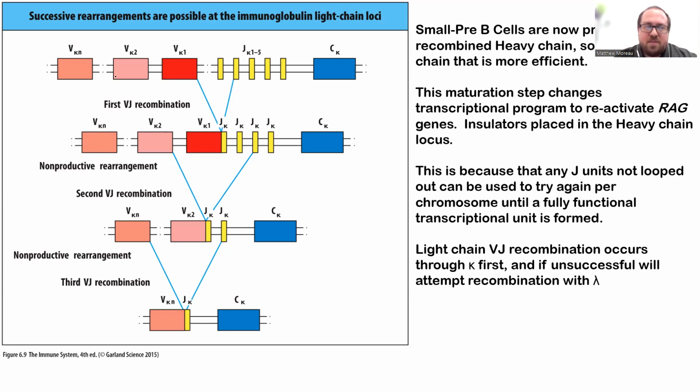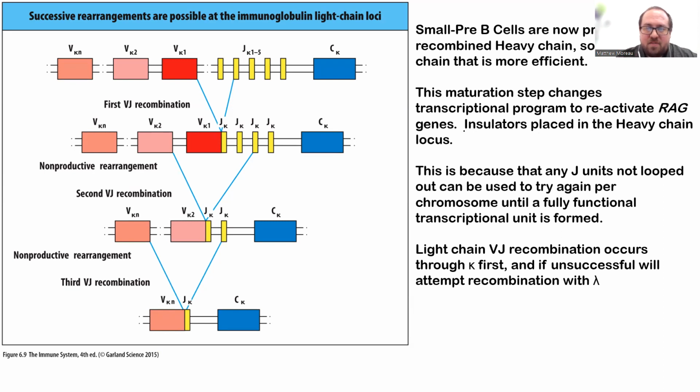So as this moves along, when we get recombination in the light chain, again, this is just V and J, RAG is reactivated. So, it's active. We make the heavy chain, it's turned off while it's being tested for stability. Once it's stable, RAG is turned back on.